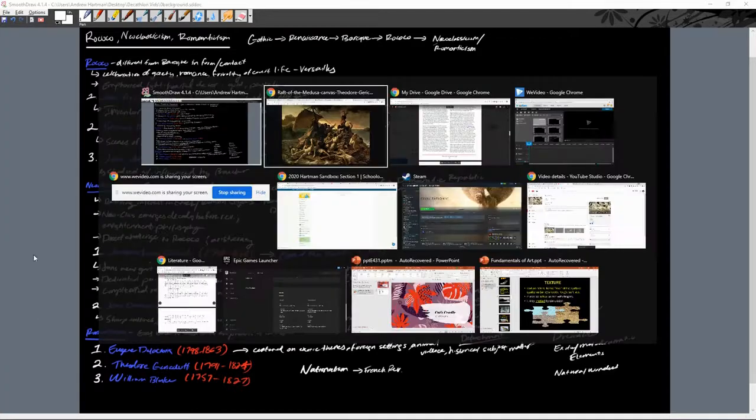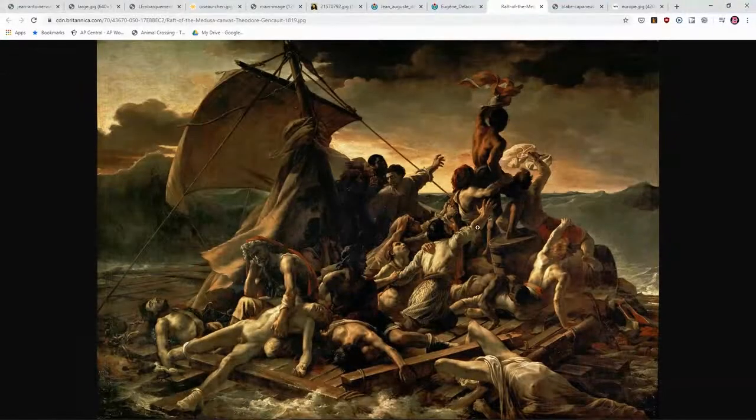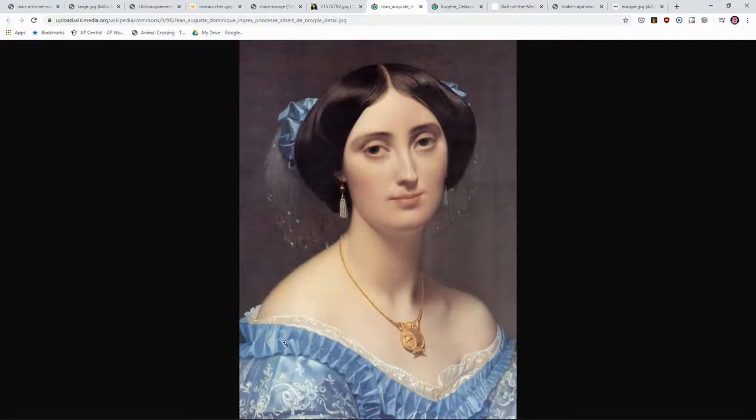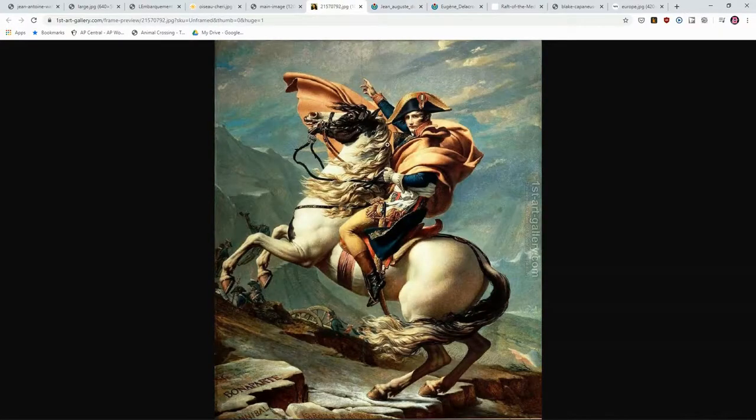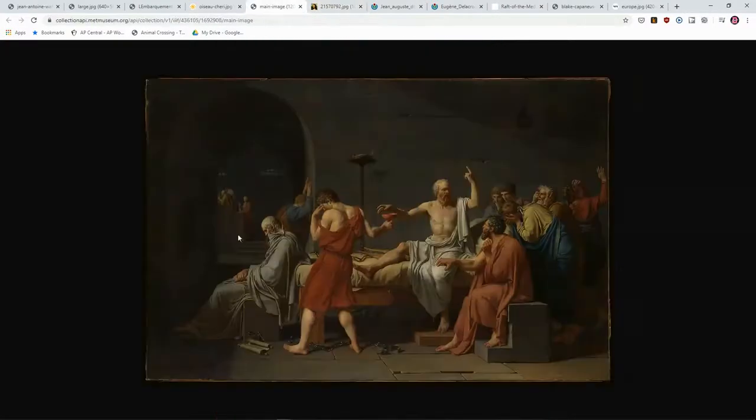We have this very active, very chaotic situation in Romanticism, a lot going on in the painting, and then we have this very simple style in neoclassical. So anyways, that's going to do it for this section.